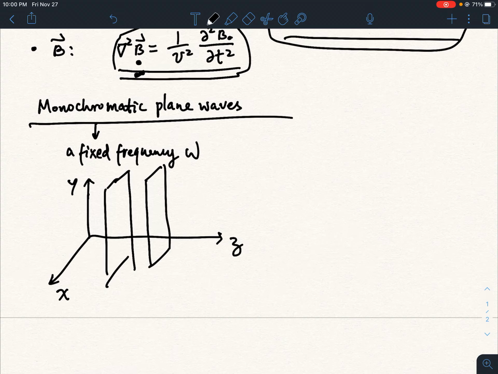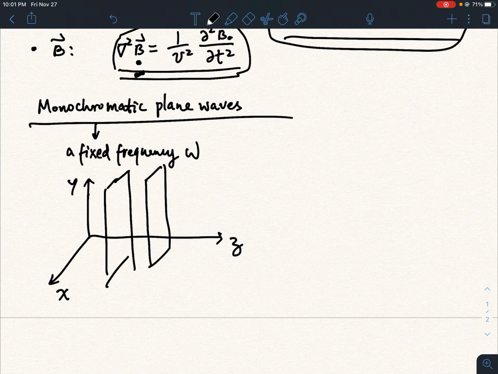In other words, the electric field and the magnetic field are uniform over every plane that is perpendicular to the direction of wave propagation.